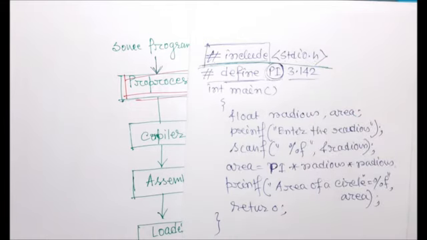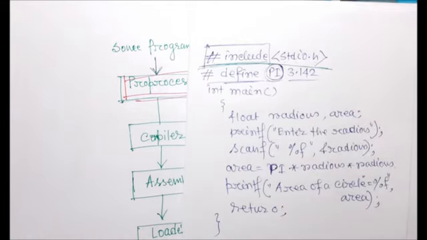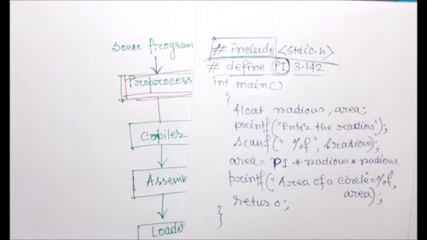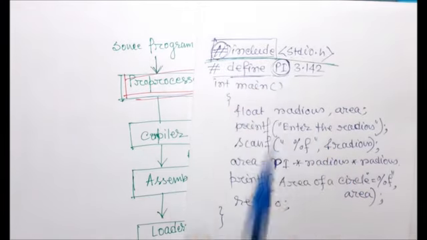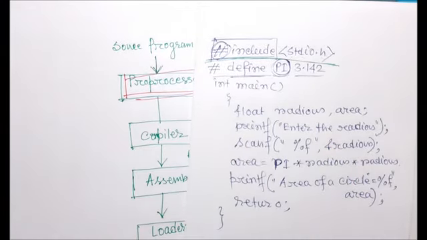Here, the hash is a preprocessor command. Commands used in the preprocessor are called preprocessor directives, and all preprocessor directives start with the hash symbol. Later I will discuss the different types of preprocessor directives available in our C program. Right now, hash is the starting symbol of any preprocessor directive.